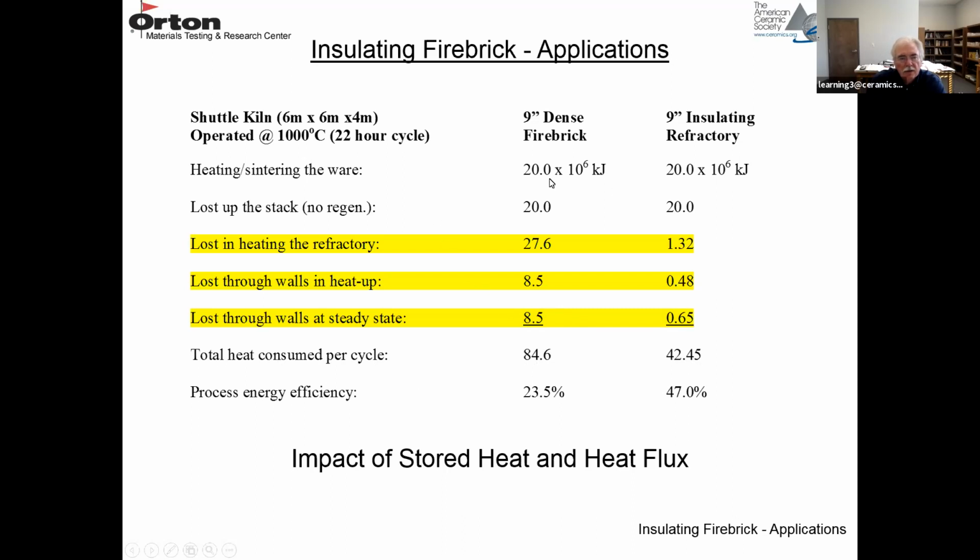That's the energy percentage that went into producing whatever is in the furnace divided by the total heat required, and this one is almost twice, actually twice, 47%. So it's much more efficient to use an IFB instead of a dense fire brick. You save in heating up the furnace, and in wall loss during heat up and the whole time.